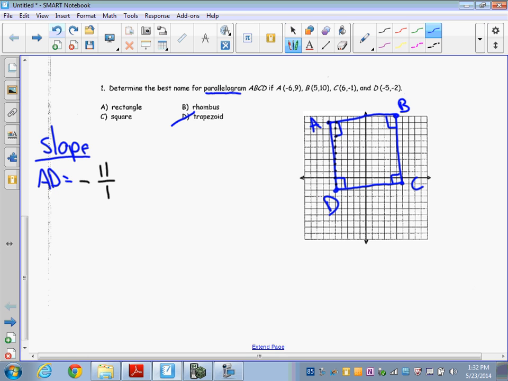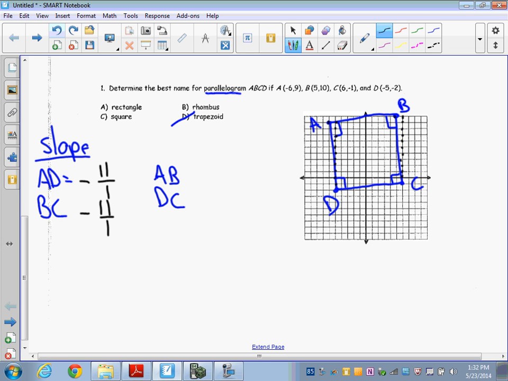I also have BC, AB, and DC. I need to know what all these slopes are. So BC is 11 over 1, so again, I have -11 over 1.